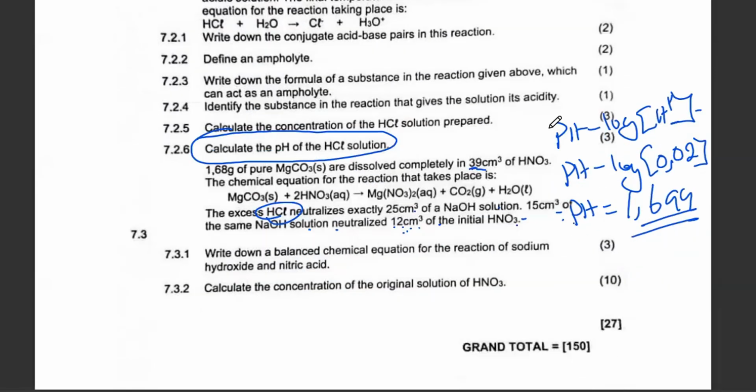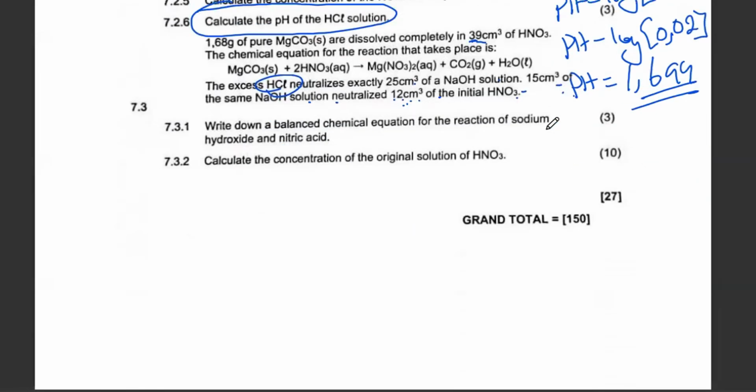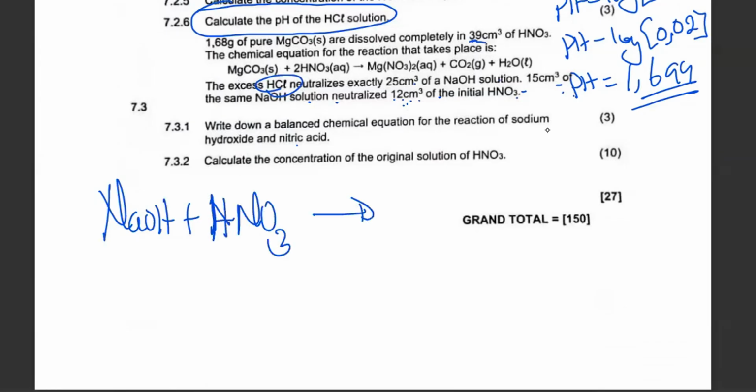All right, they're saying write down the balanced equation of the reaction of sodium hydroxide with nitric acid. Remember, this is a strong base and an acid: sodium hydroxide plus nitric acid gives you a salt and water.